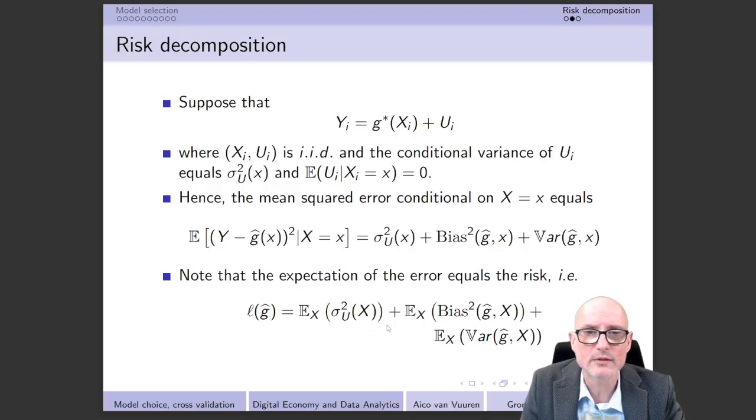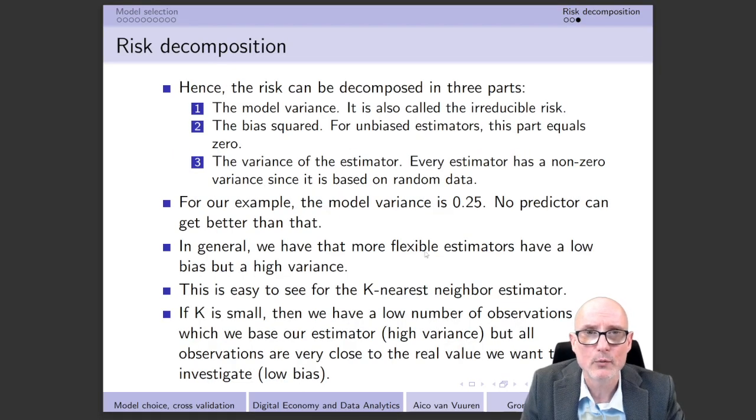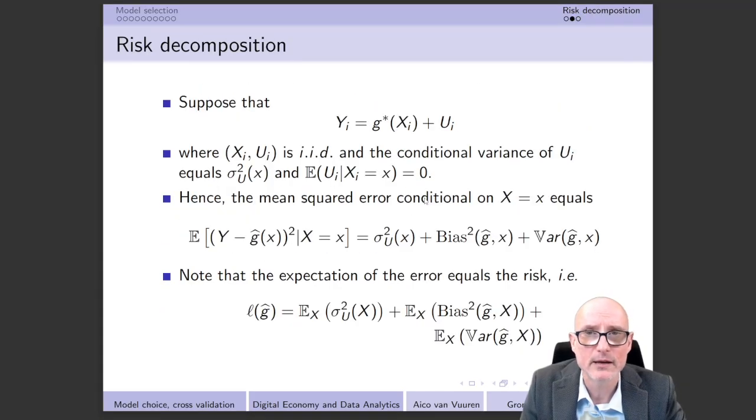But take into account that that implies that, for example, in our particular case, we did of course have a model variance equal to 0.25. In the example that we had so far, we assumed that u_i had a normal distribution with a mean equal to 0 and a variance equal to 0.25.